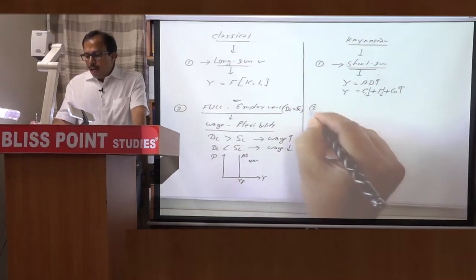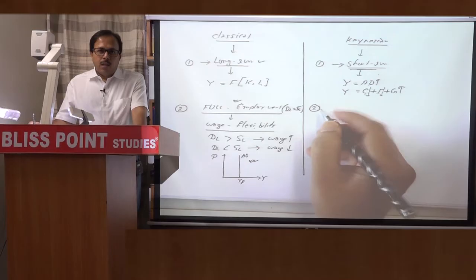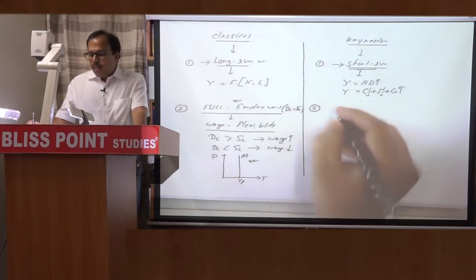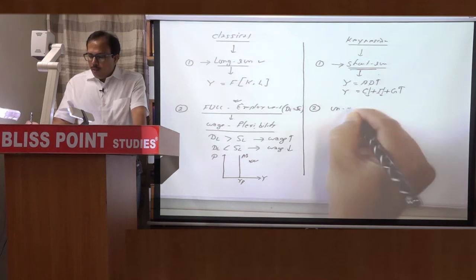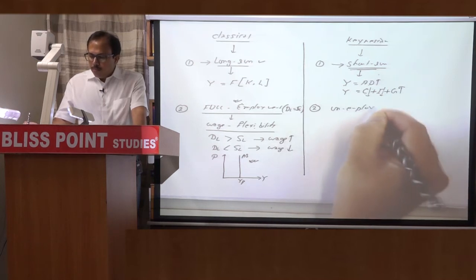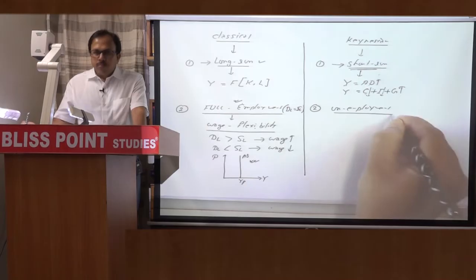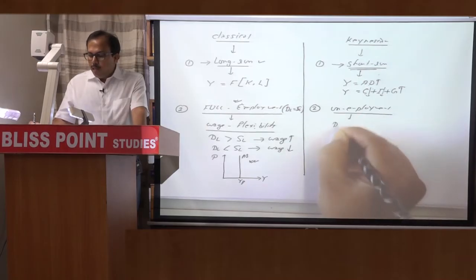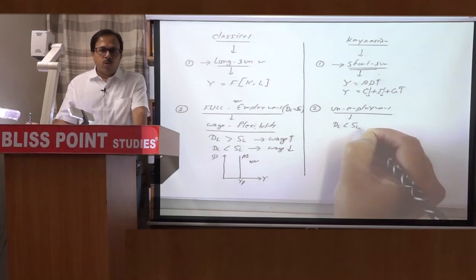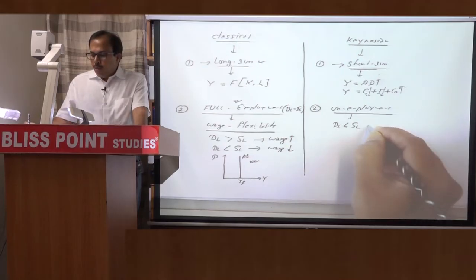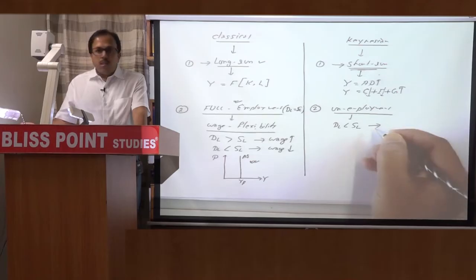Keynes does not agree with that concept. Keynes said that the economy is usually characterized by unemployment. Unemployment means demand for labor is less and supply of labor is more. But why does that unemployment exist in the Keynesian approach?